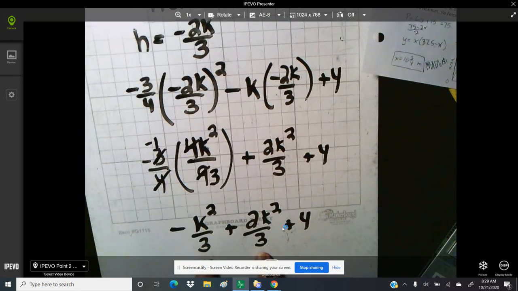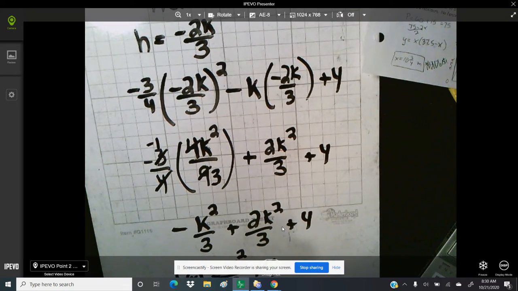These now have a common denominator of 3, and they both have k squared, so I can combine these like terms. Negative k squared over 3 plus 2k squared over 3 will simply give me k squared over 3 plus 4, and that would be the maximum value.